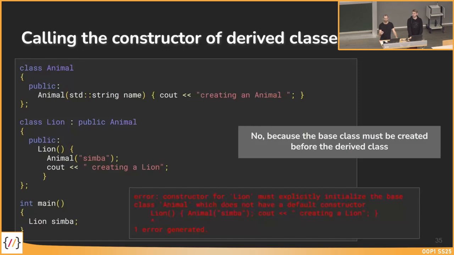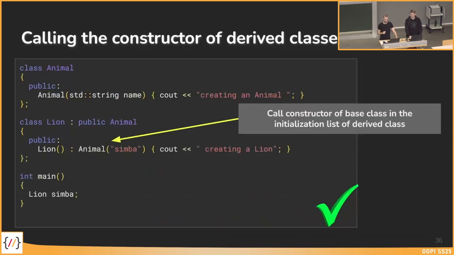There was one second way to initialize objects when they are created. Yes. Exactly. Put it inside of the initialization list. And this is why we showed you the initialization list last time.